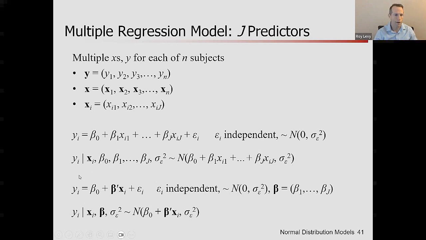You might have learned to write it more compactly with things like vector or matrix operations, which just combines things. There are other ways to combine them too.